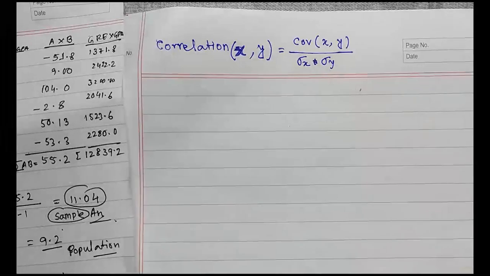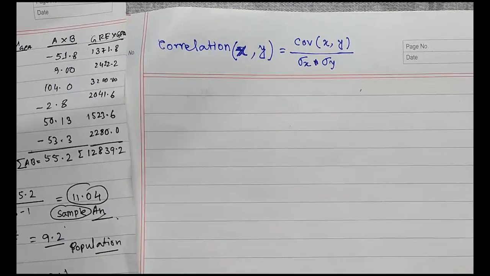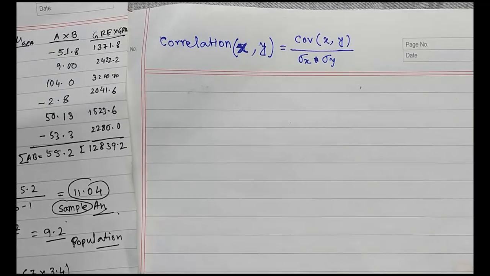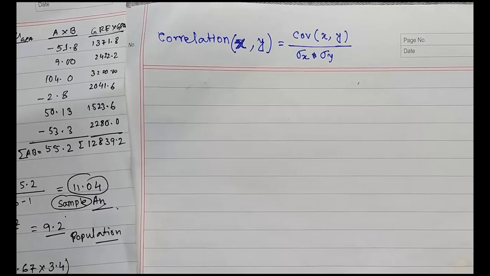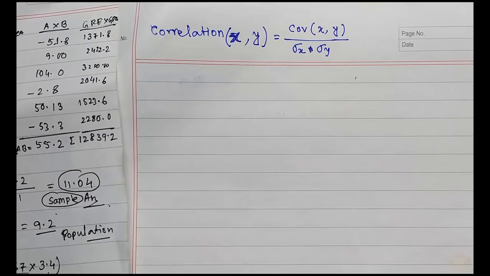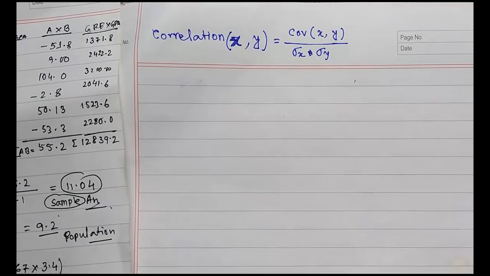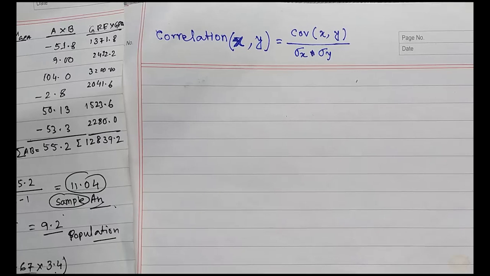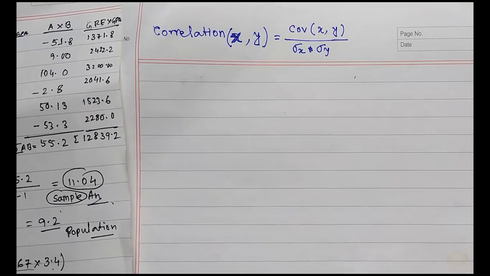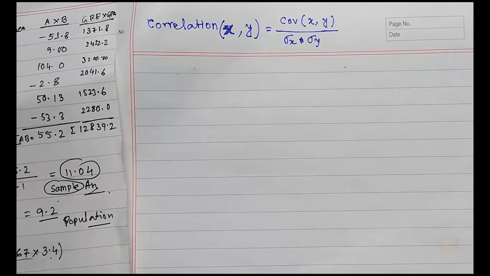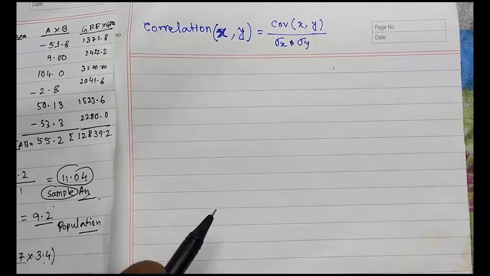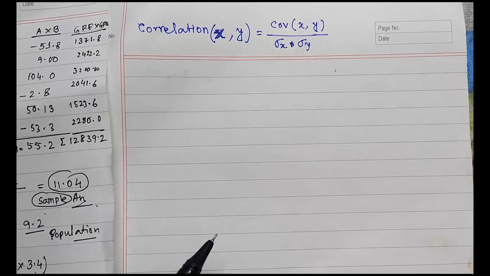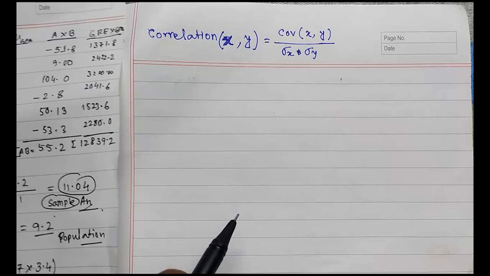Here I will demonstrate how to find correlation between two variables x and y using the simple correlation formula, which is covariance of xy divided by sigma x into sigma y, where sigma x and sigma y are the standard deviations of the distributions x and y. Now I will use the same data set as I used for covariance analysis.